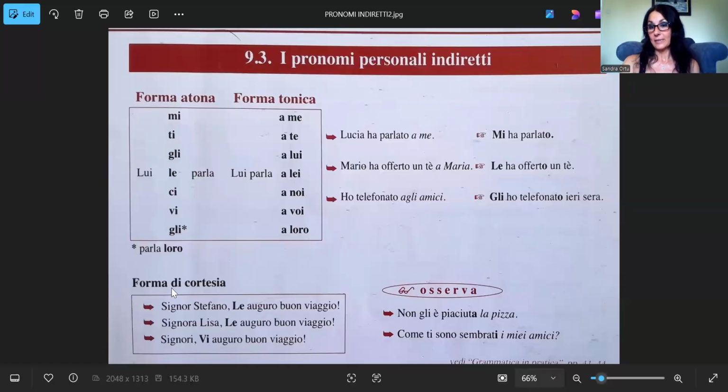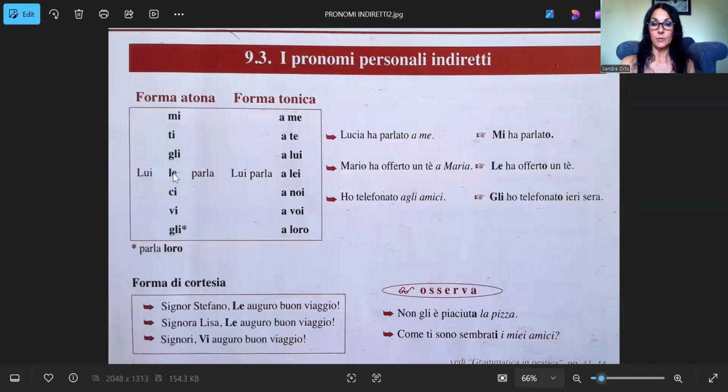This is the forma di cortesia, a little reminder that if you are talking to somebody formally, you need to use whatever you would use for she, for lei.